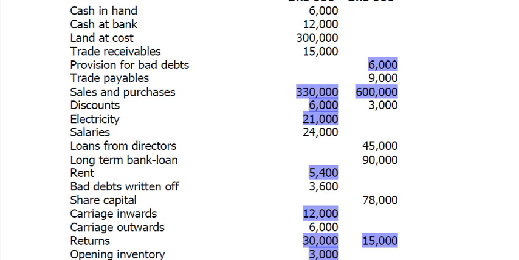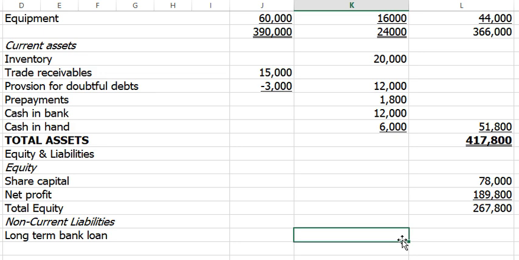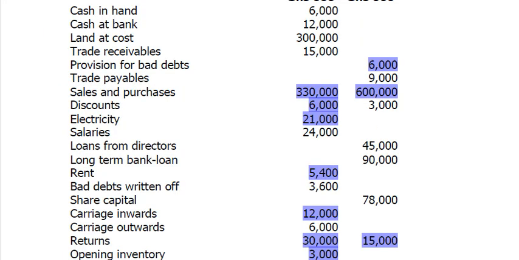The long-term bank loan is 90,000, as you can see on your screen.